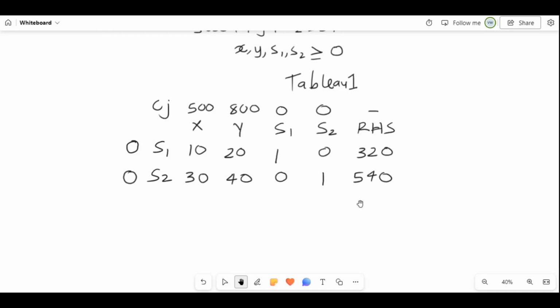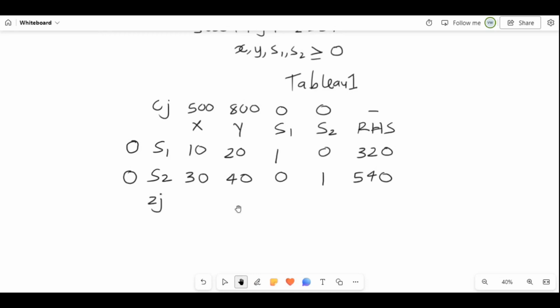Okay. So once we've done this, we introduce another row known as the ZJ row, which is a summation of the product of the constraints and their coefficients.